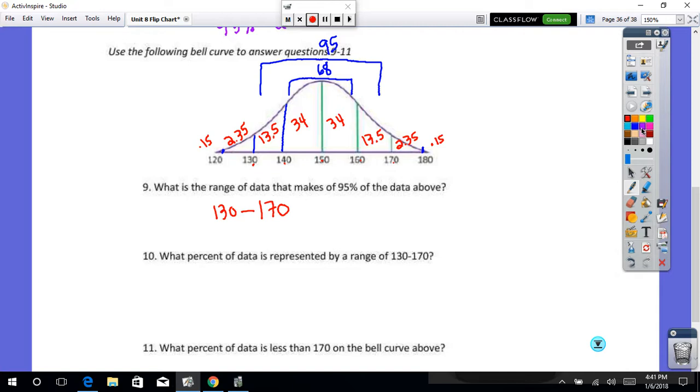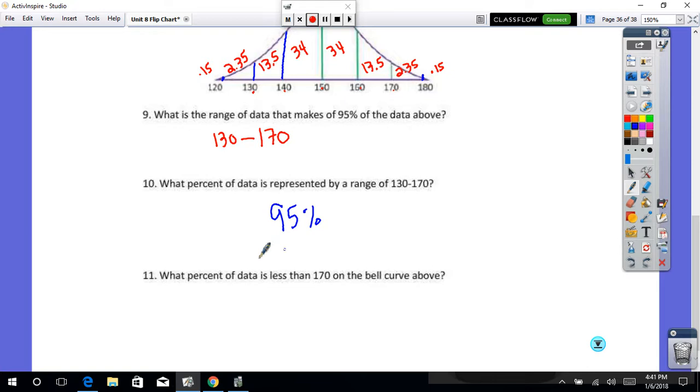Okay, kind of a repetitive question for the next one. What percent is represented by 130 to 170? Just answer that, and it is 95%. And the last one, what percent is less than 170?